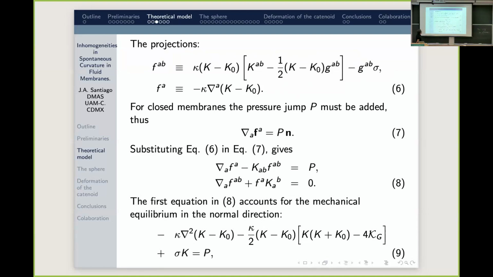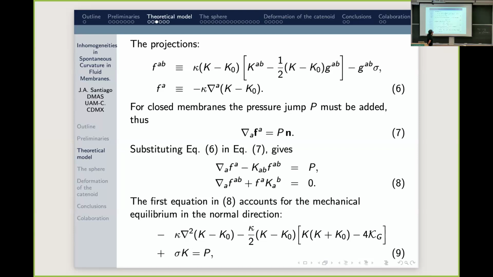We can see that in the second formula, we have the derivatives of the spontaneous curvature, right? If the spontaneous curvature is a constant, it simplifies. But in this case, we will have the spontaneous curvature as an inhomogeneous function on the surface.